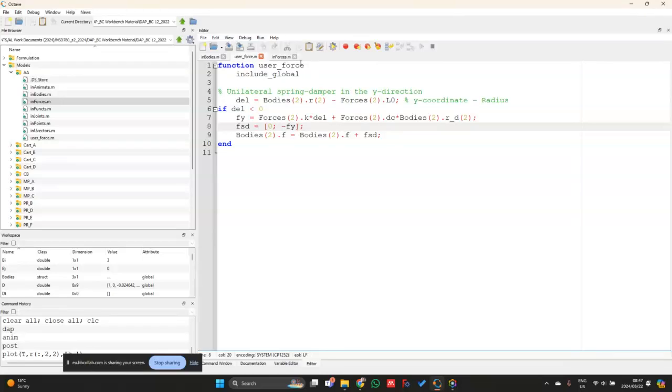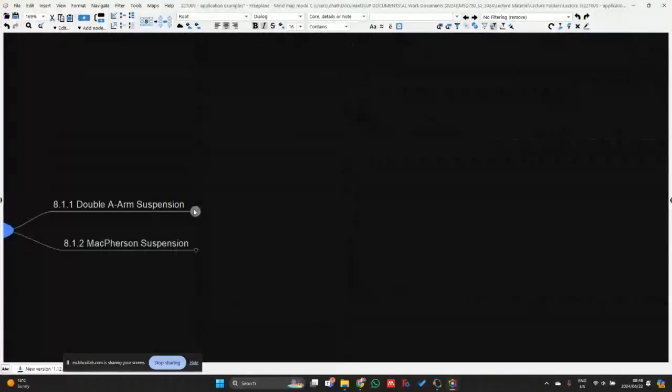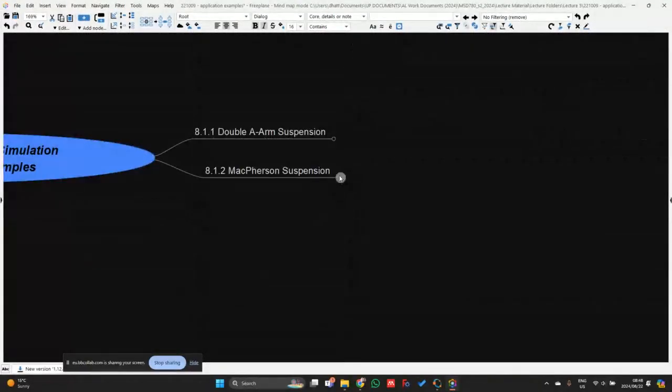You can now specify a user function in the same way that you specify a user force. So you can do something like that. In this case, it's just easier for us to actually consider the entire wheel assembly as a single body, but you can break up that assembly into different bodies as well. Yes. Right. Okay, so next up we can then look at the McPherson suspension.